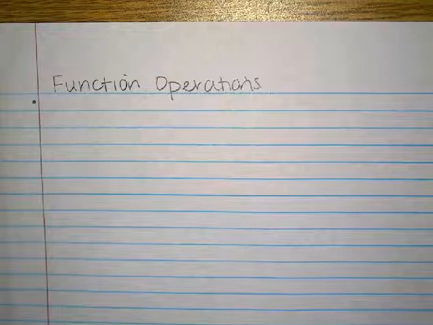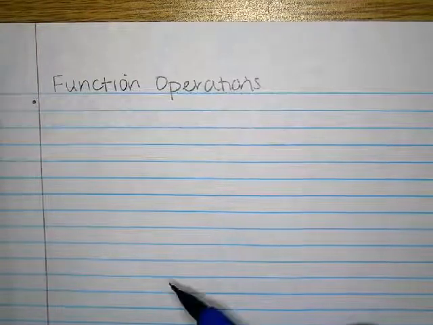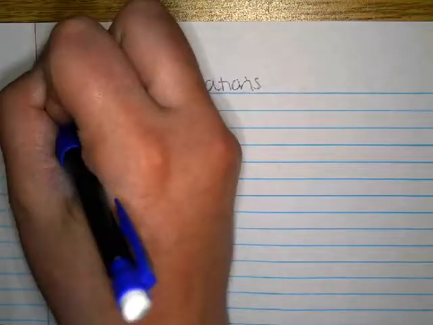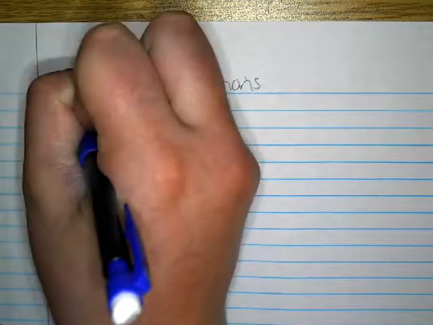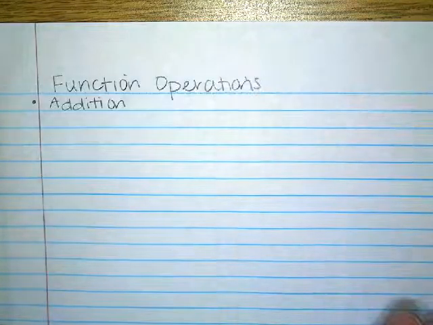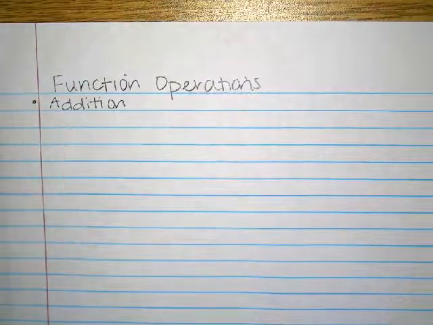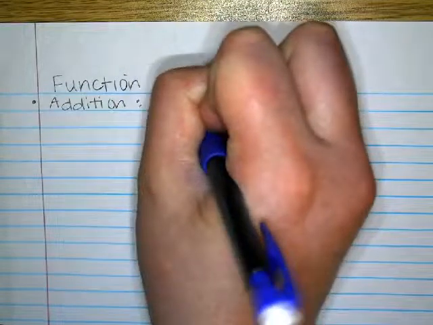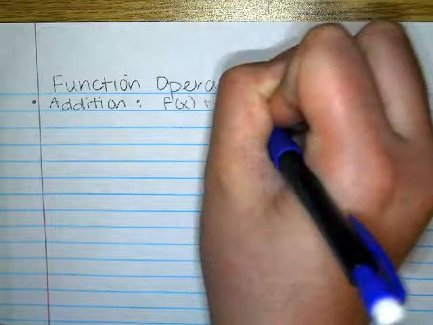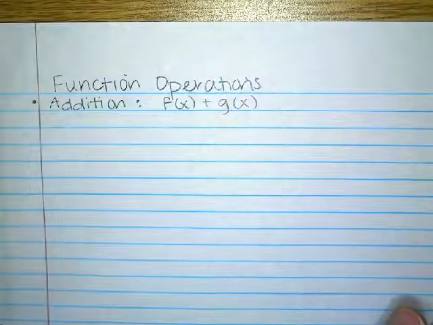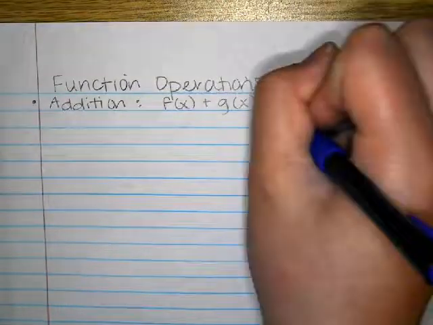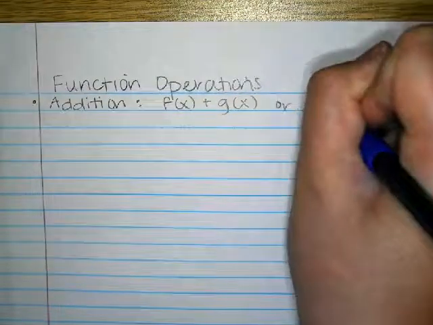So first, we're going to look at what addition might look like when they tell you in function language to do addition. They might write f of x plus g of x. That's one way for them to tell you to add two functions together. Or they might shorthand it and say f plus g of x.